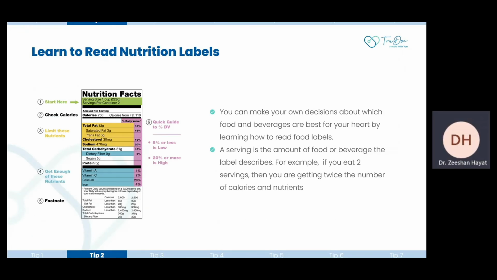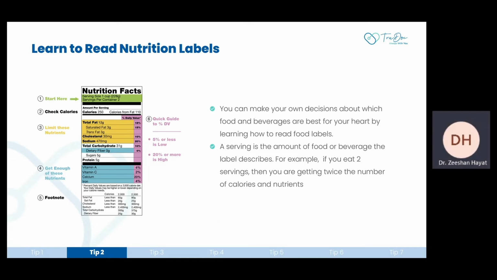Let's go into this slide. It was put here because whenever you go to the supermarket, we need to understand what we're eating, right? So always look at your labels. Look at the calories, the total amount of saturated fats, trans fats, total cholesterol, sodium, everything.